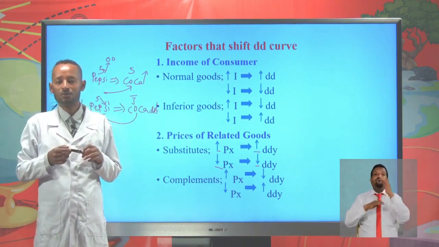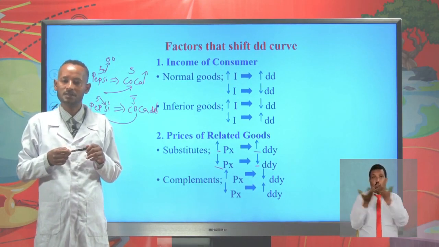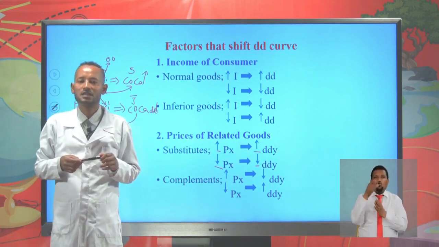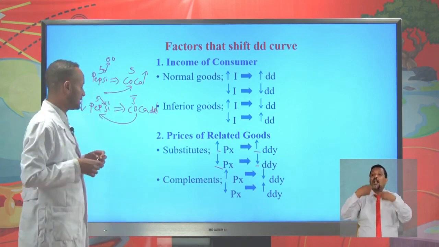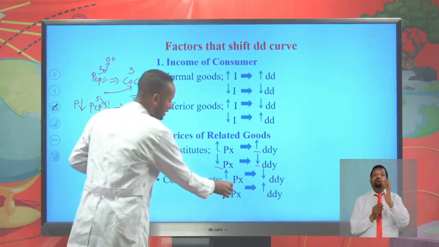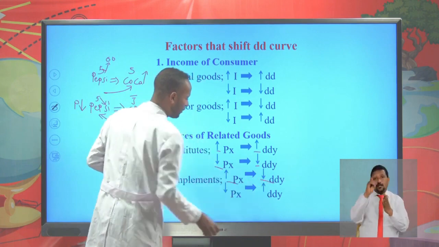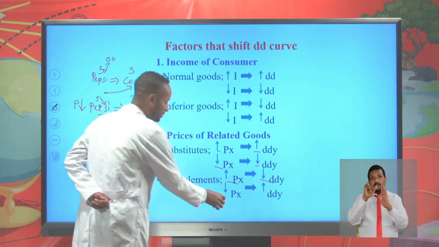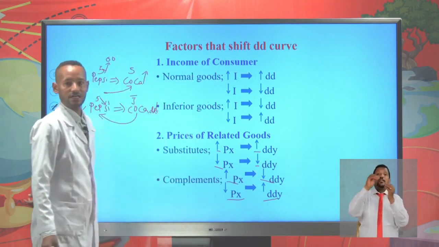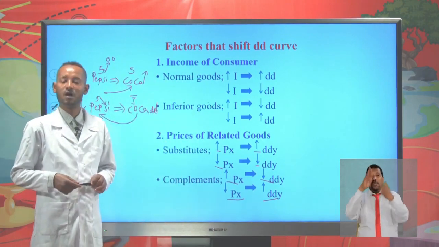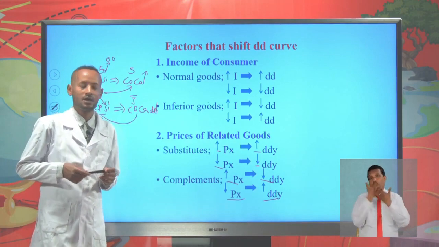If two goods are complements, the price of one product and the demand for the other are inversely related. That means a rise in the price of X will always decline the demand for Y, and a fall in the price of X will always increase the demand for Y. So there is an inverse relationship between the price of one commodity and the demand for the other.